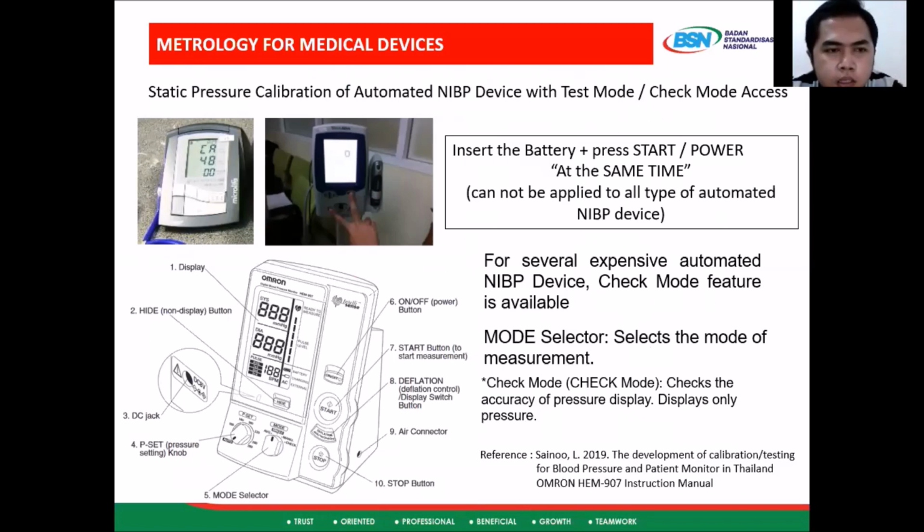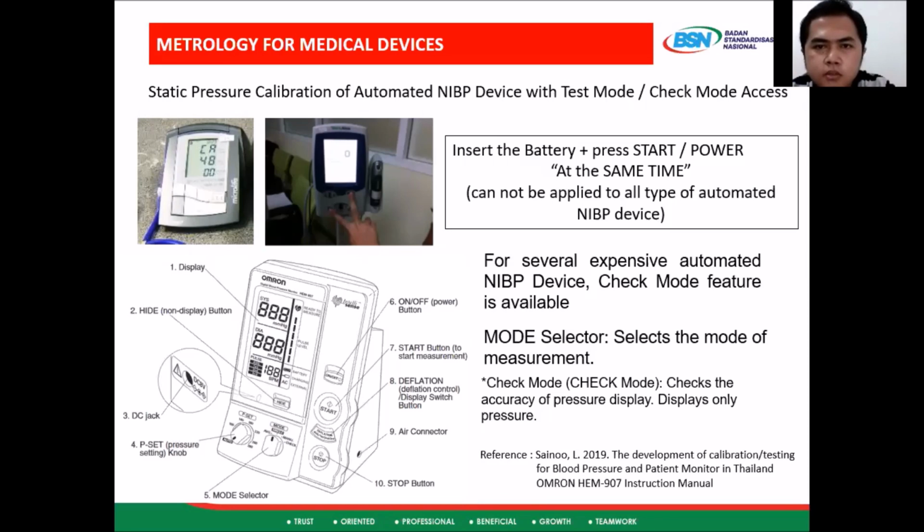Well, there are some methods to access the test mode of the automated NIBP device. In this case, for this type of device, as we can see, they're displaying the zero pressure value, 0 millimeters of mercury.